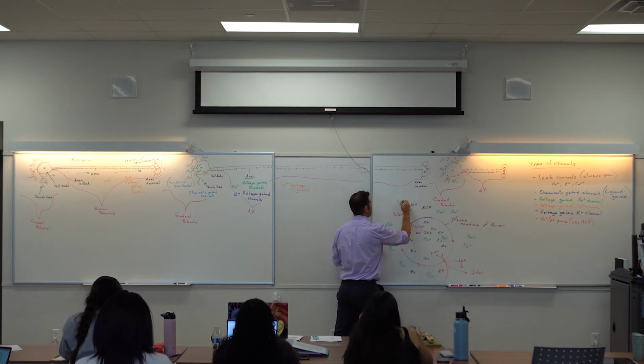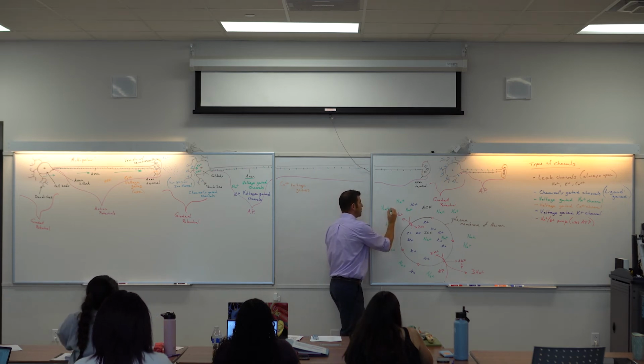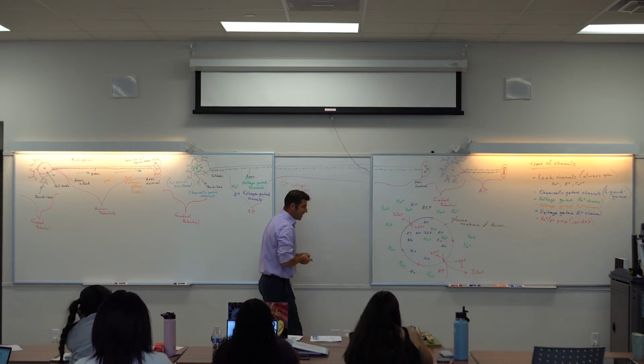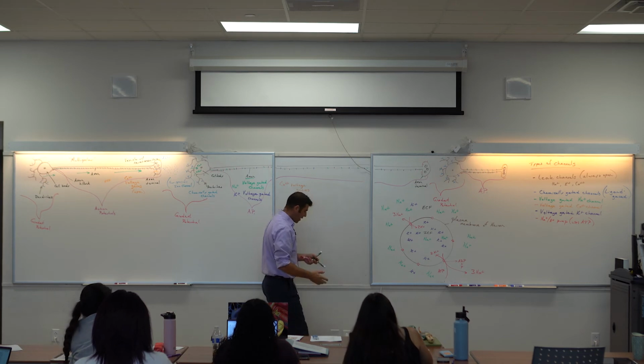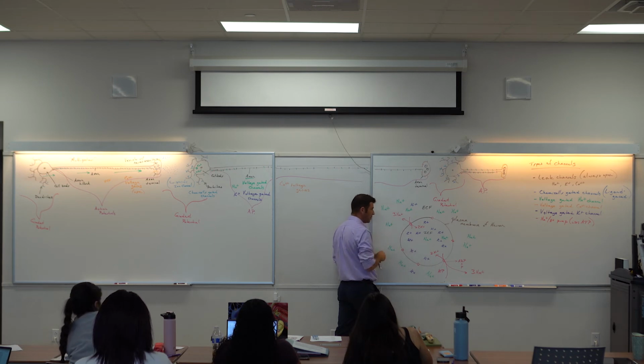Okay, that's enough. High concentrations of sodium in the extracellular fluid, low concentrations of sodium in the intracellular fluid. Contrast that with potassium. High levels of potassium inside the cytoplasm of the cell, low concentrations of potassium outside.